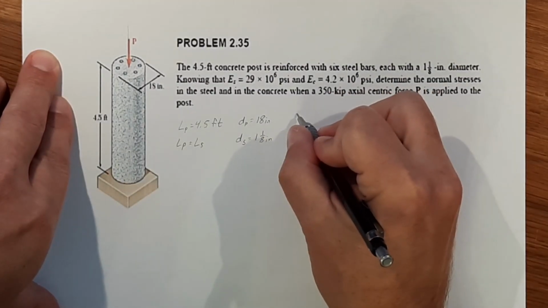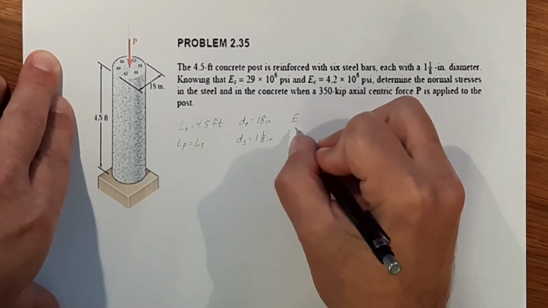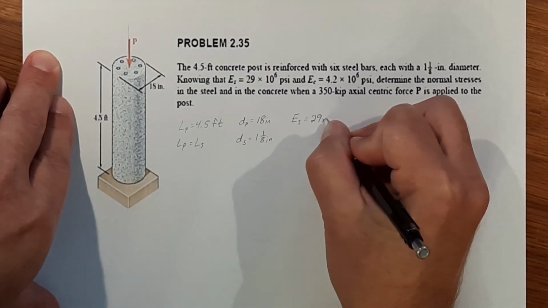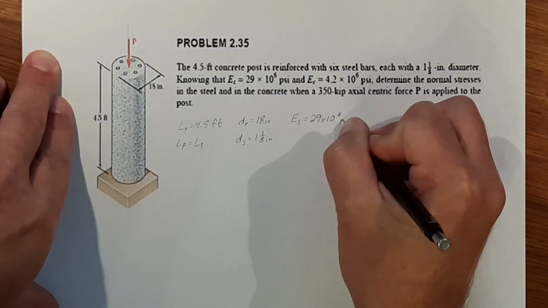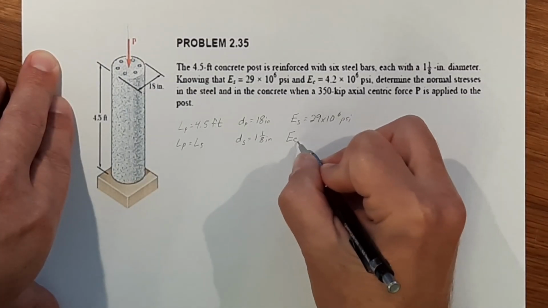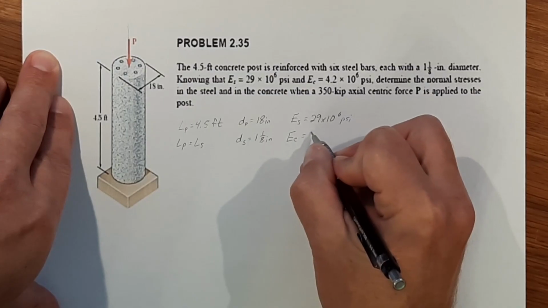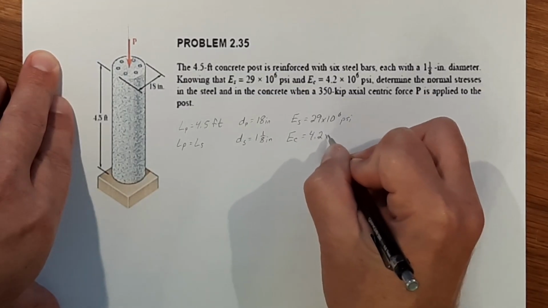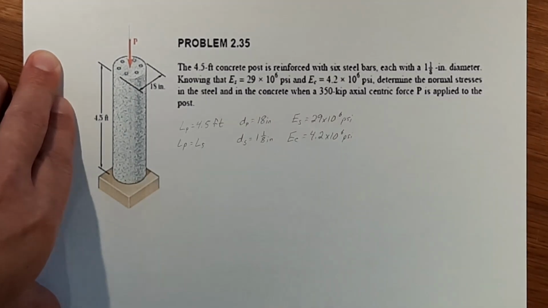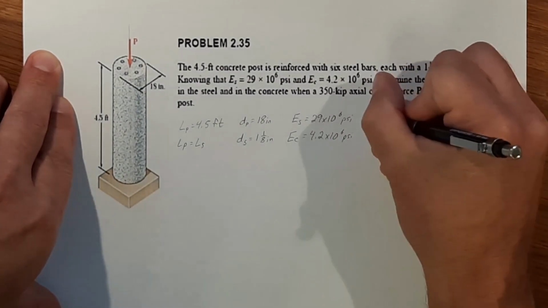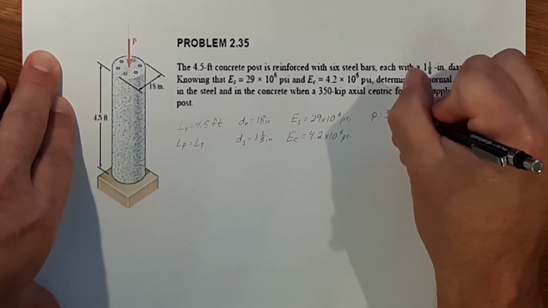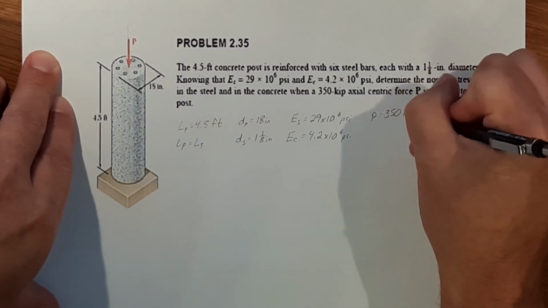We also have the modulus of elasticity of the steel, 29 times 10 to the 6 psi, and the modulus of elasticity of the concrete, 4.2 times 10 to the 6 psi. And we know force P is 350 kip.